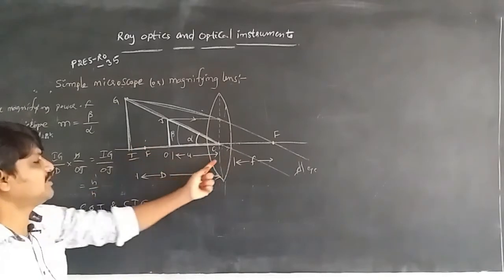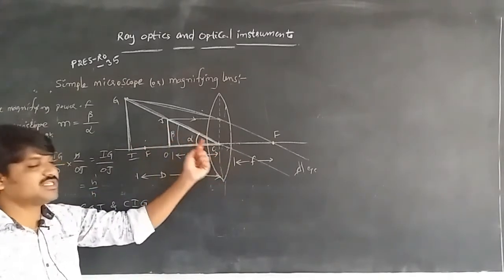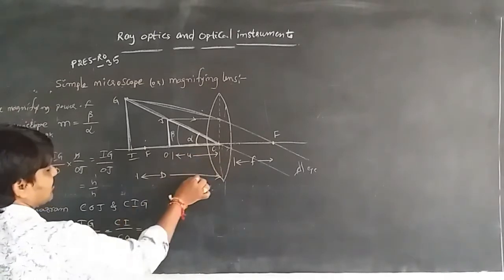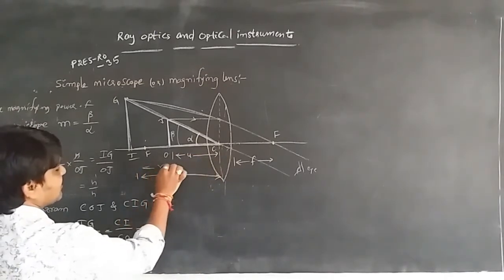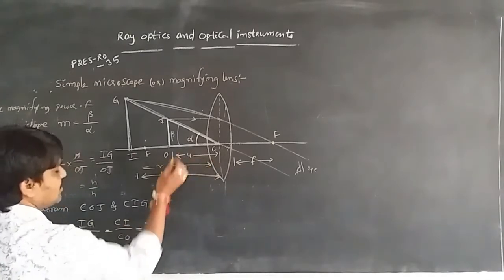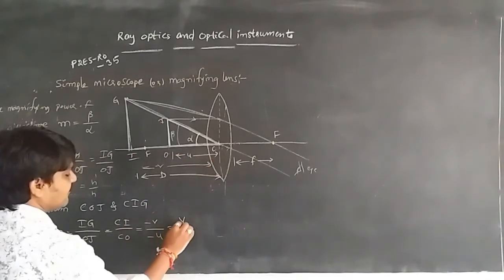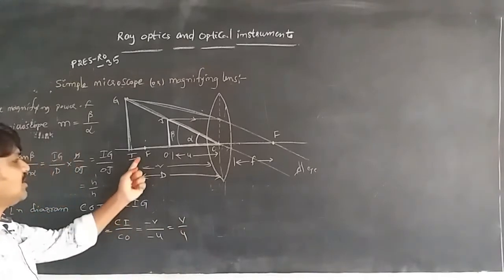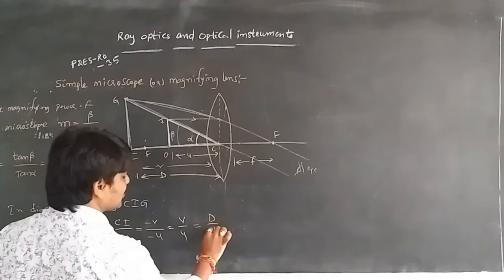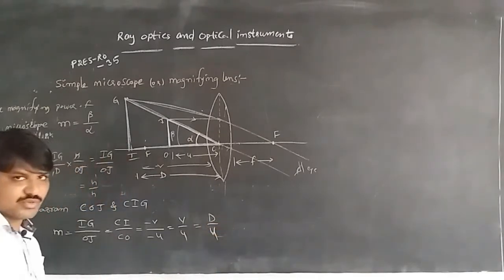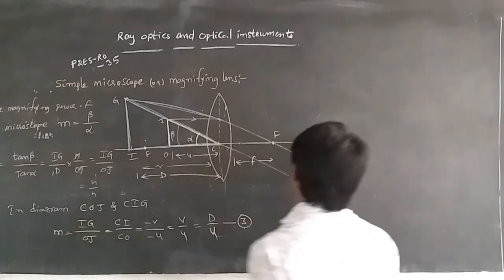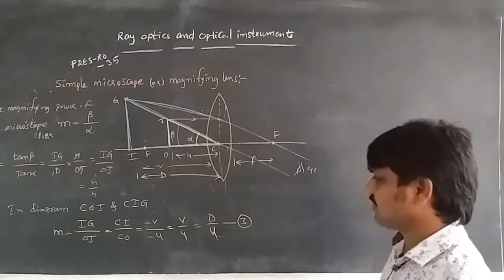We measure distances in the direction opposite to the incident ray, so Ci is equal to minus V. Actually this distance will be V, so minus V by CO, which is also a distance, minus U, is equal to V by U. But we know that V is equal to D, so we can write D by U. This is considered equation number 3.